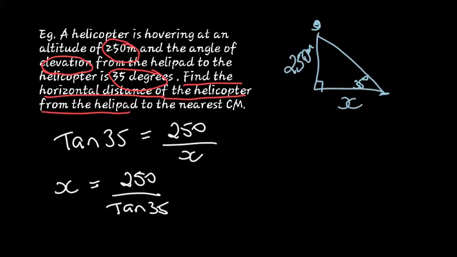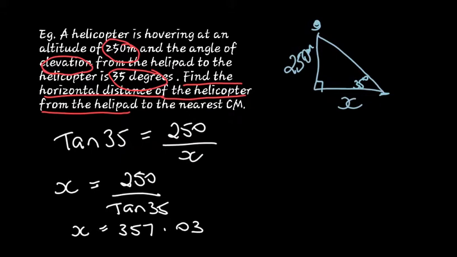We stick that in our calculator. 250 divided by tan 35 is equal to, x is equal to 357.03, and it's asked for the nearest centimetre.